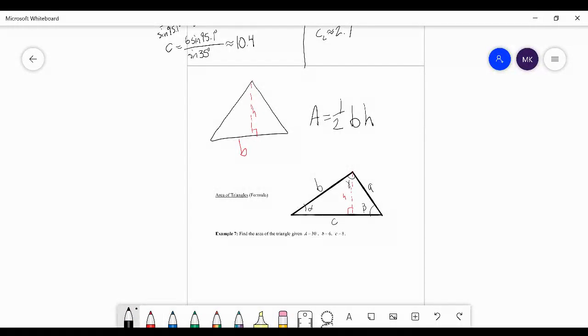If I use what we did at the very beginning, we get that the height is equal to B times the sine of alpha. But we can also get that the height is equal to C sine of beta, or A sine of gamma.